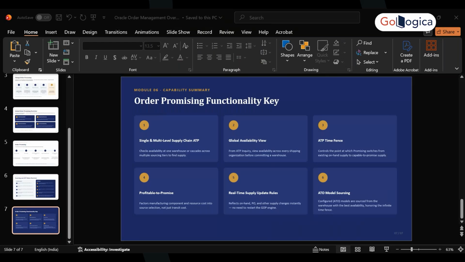Next one is profitable to promise, also considered as PTP. The traditional order promising focuses mainly on inventory availability and delivery dates.